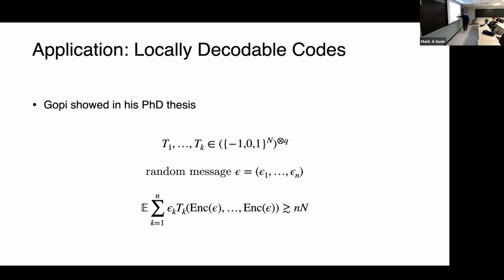So basically, some measure of correlation between the encoded message and the original message.